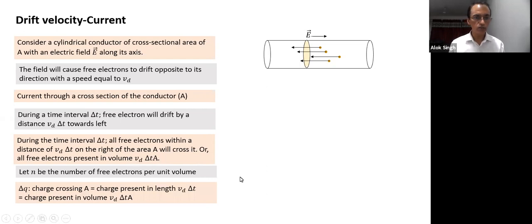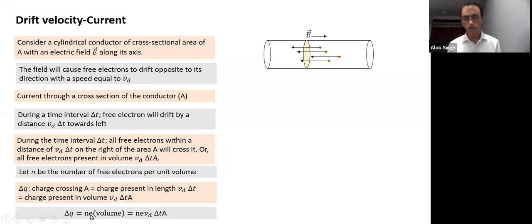So can we extend this further? Here, what is delta Q, the charge crossing? It is the charge present in length Vd delta t, the charge present in volume Vd delta t times A. So let's write this term. It is equal to n, the number per volume, so n into volume will give the total number of electrons present in the volume, multiplied by e gives the charge present within the volume equal to Vd into delta t into area.